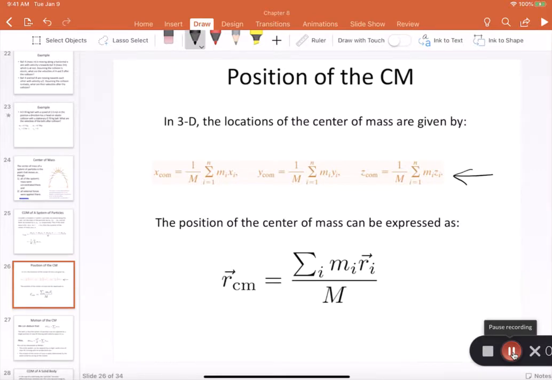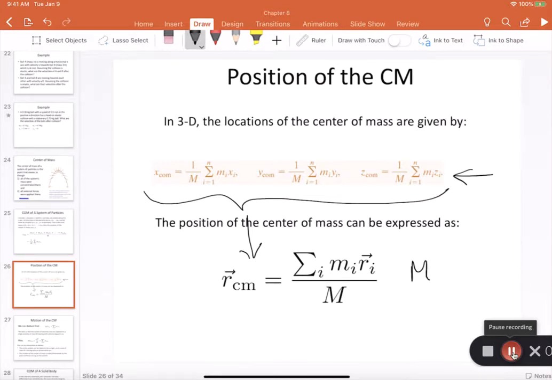In class, I derived the fact that these three formulas can be written in a very compact way using vector notation like this. The position vector for the center of mass is equal to summation mi ri divided by capital M, where capital M is just the total mass of the system of particles.